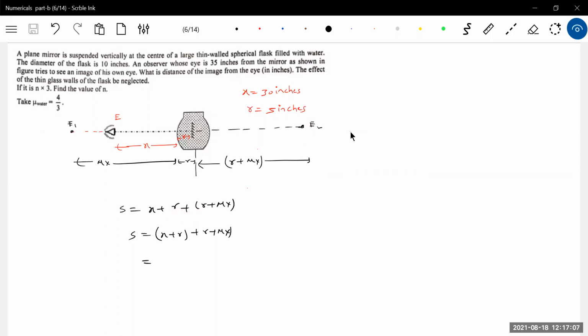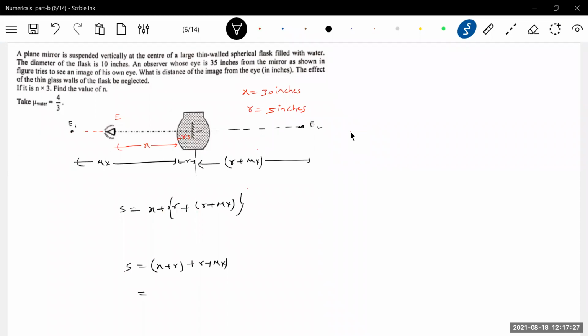Here mu has to come. Okay, the distance will be R plus mu x, so this will be R plus R mu x by mu.